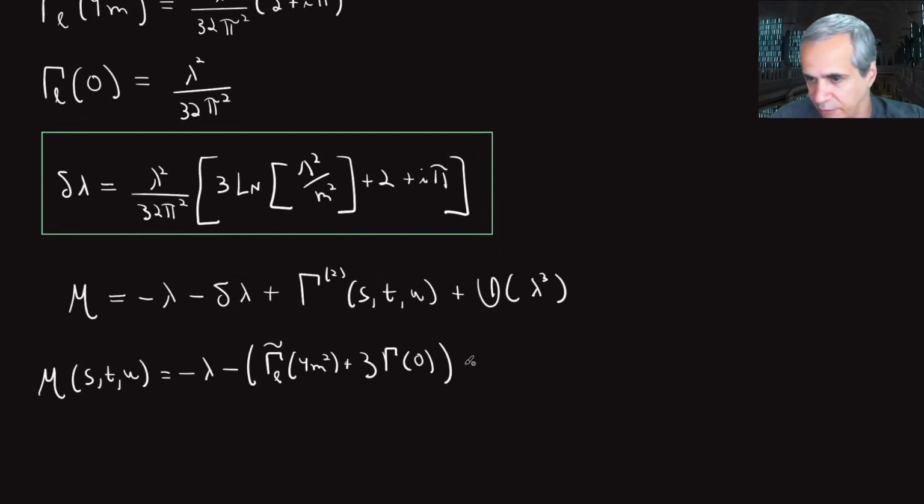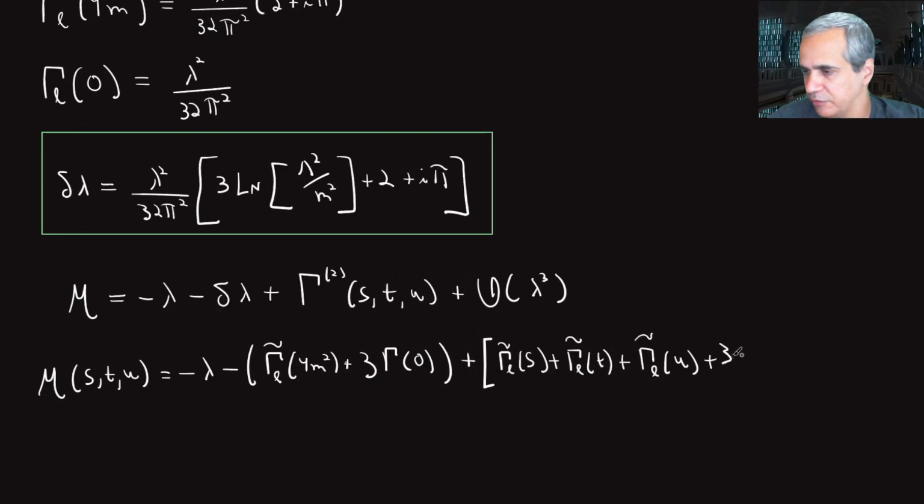Plus this guy, which I can write as gamma tilde L of S plus gamma tilde L of T plus gamma tilde L of U, plus 3 times gamma L of 0. Plus higher order corrections.